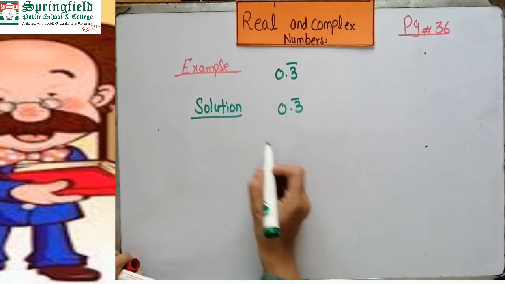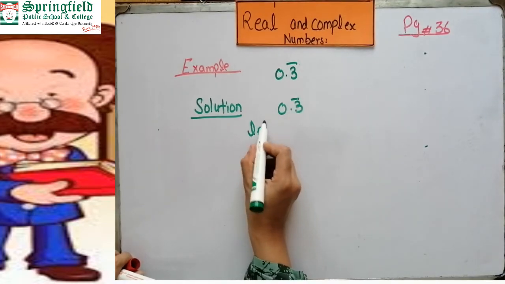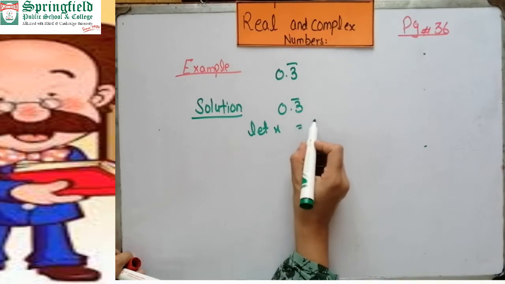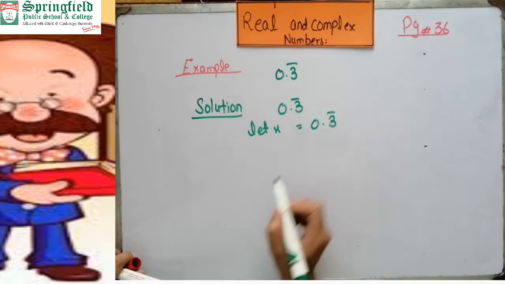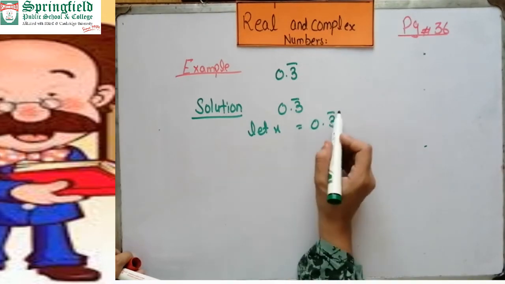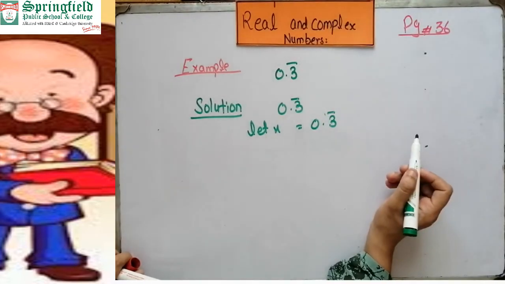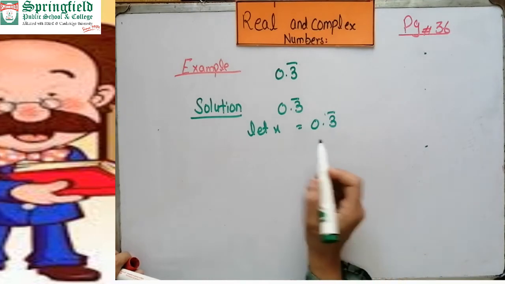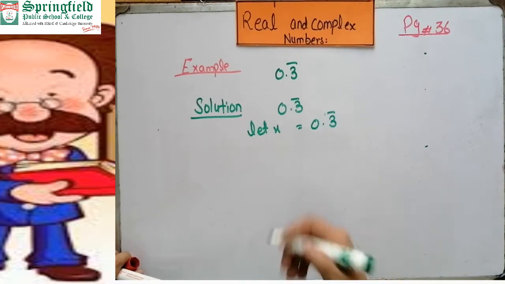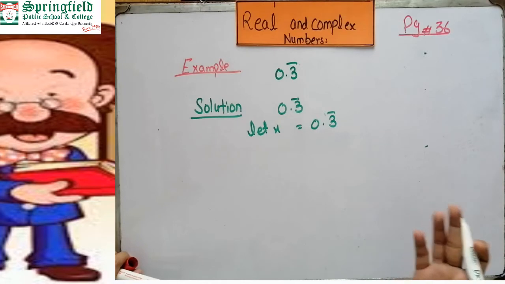This is the number. So you can suppose that let x is equal to 0.3 bar, and this bar means that 3 is repeating more times. We don't know how many times 3 is repeating.